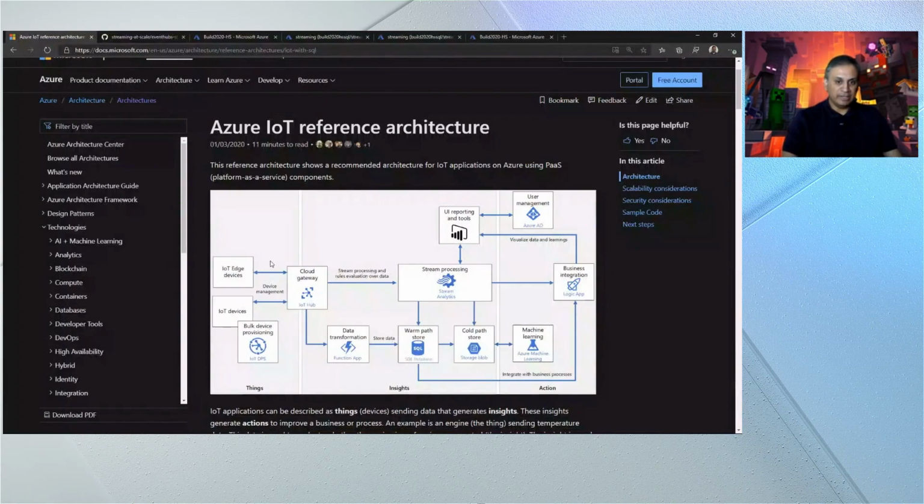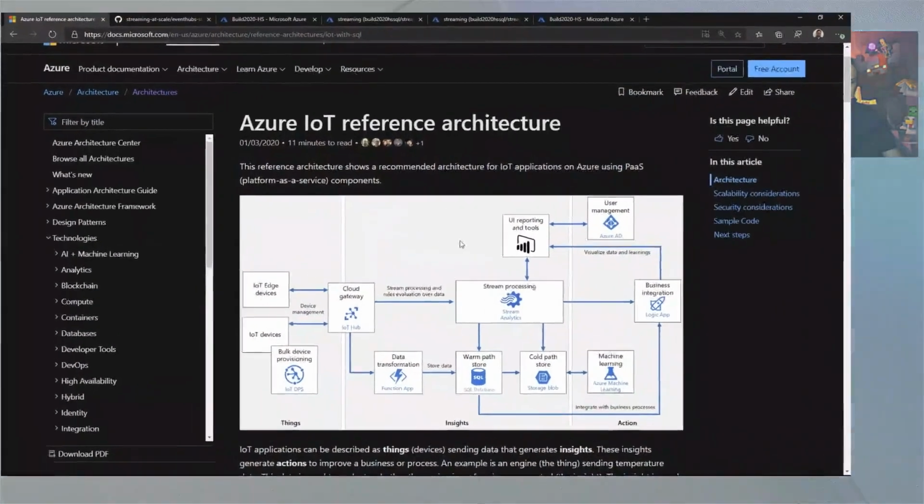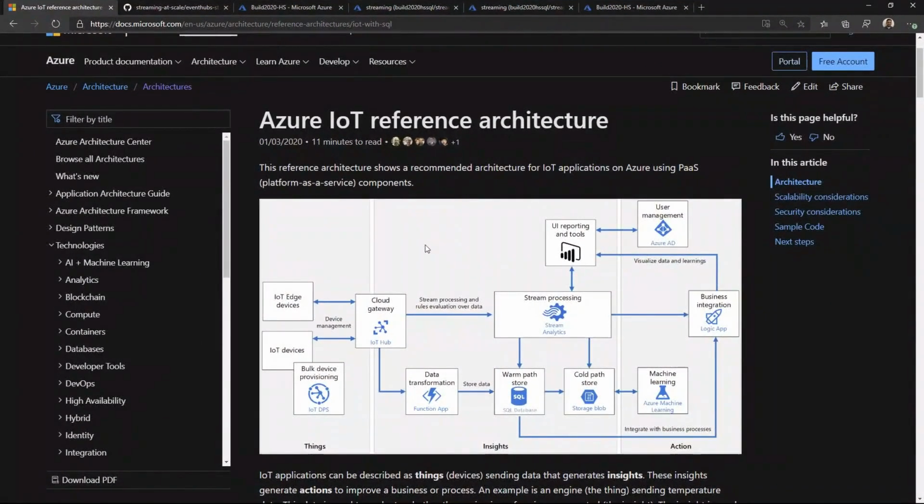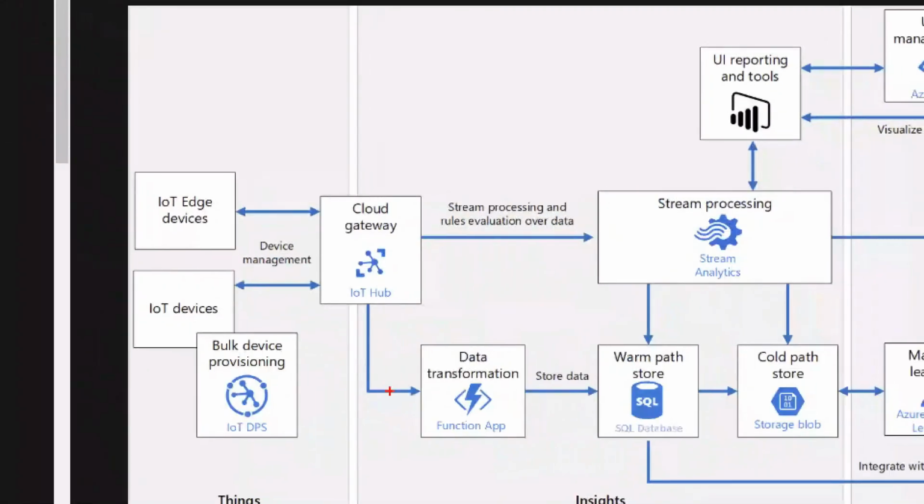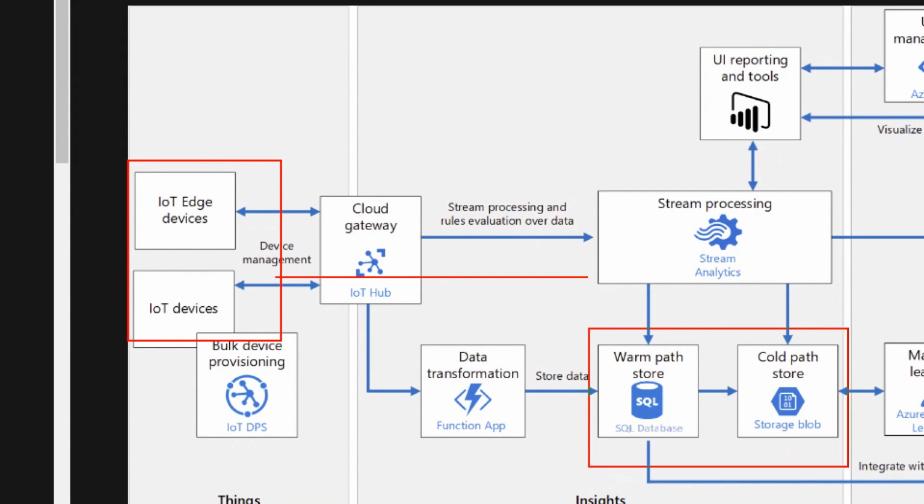So as you can see in the browser here, this is in our online documentation. This is a very common IoT reference architecture where you have data coming from various devices on the edge flowing into the cloud to your stream analytics service, which is processing all the data and sending it to either warm or cold path.